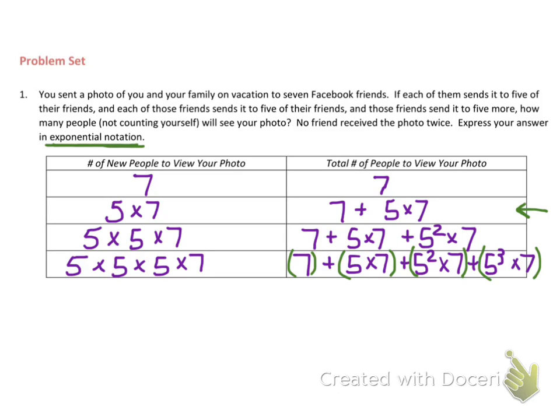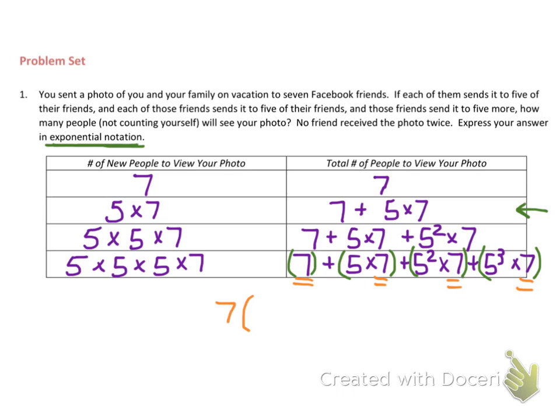So all those things are being added together, and when we look at an expression like that, one of the things we're looking for is a common factor in every term. And we have a common factor here, and the common factor is 7. Every one of these terms in this expression has a 7. And so we can factor out the 7.